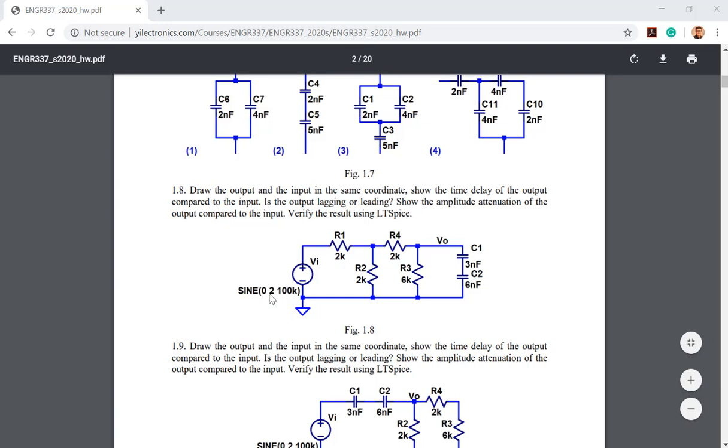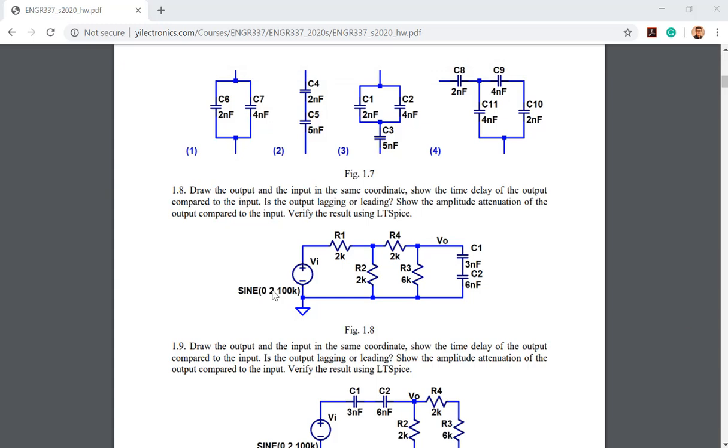So for this one, I have a 2 here for the amplitude, so the peak to peak voltage will be 4. And if you are just calculating the amplitude attenuation, you don't actually need to care about this a lot. You just put a VI here, and use VI for all these calculations, and finally substitute the VI using whatever amplitude over here.